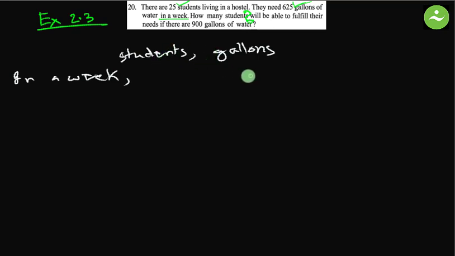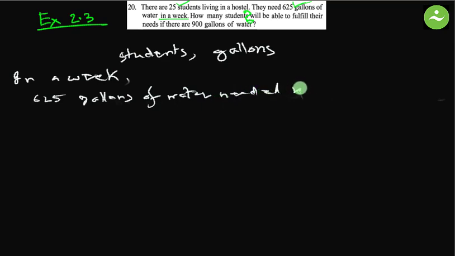So we put students on the right and gallons on the left. 625 gallons of water needed by how many students? 25 students.